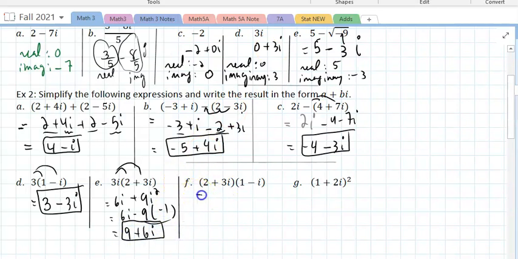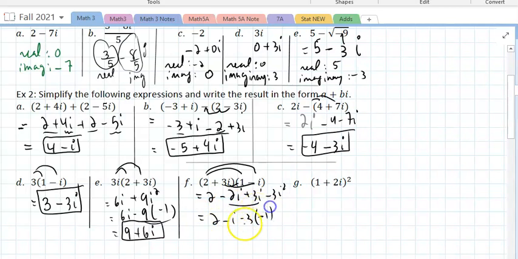And if I FOIL, 2 minus 2i plus 3i minus 3i squared, 2 minus i, and i squared is a negative 1, so 3 plus 2 is a 5 minus i.